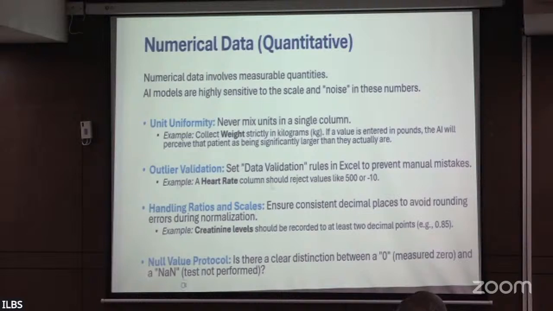Another thing: when we are writing our BP, almost everywhere I have seen, we write the diastolic slash systolic in this way. But the machine doesn't understand this slash kind of thing. That should be taken in two different columns: diastolic in one column, systolic in another column. These two are different values.